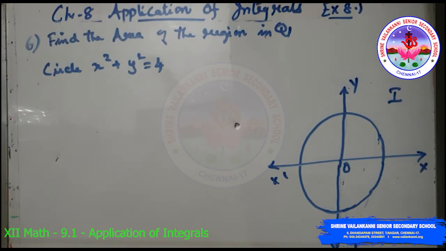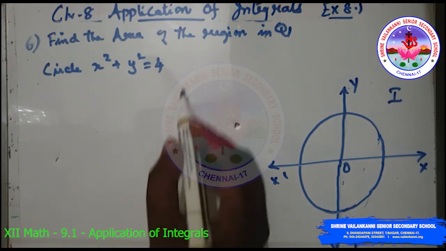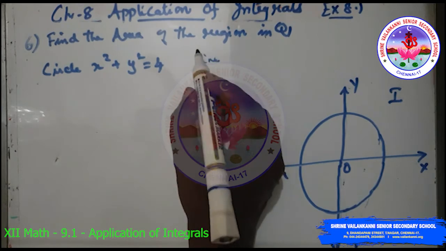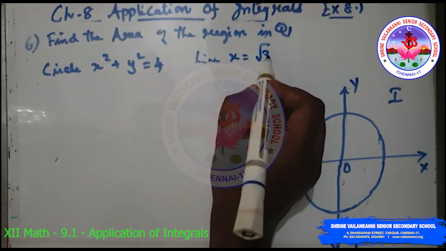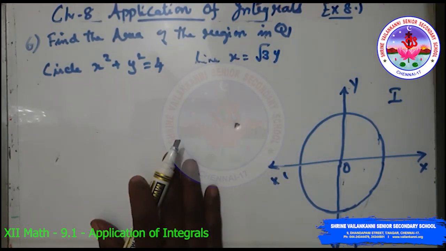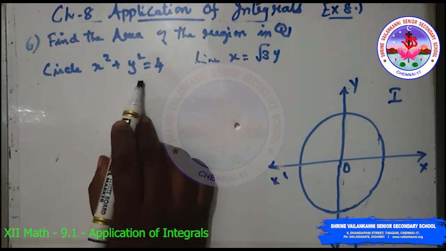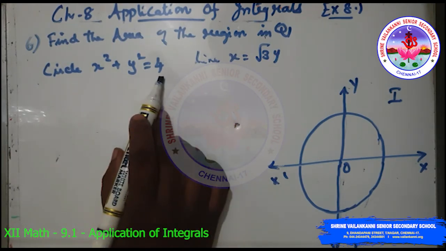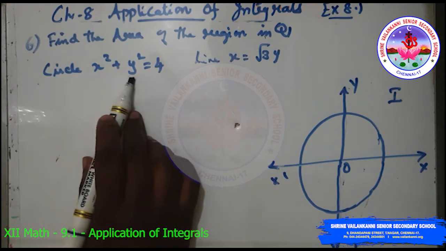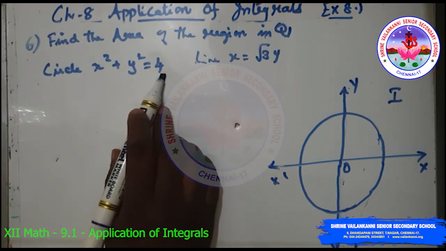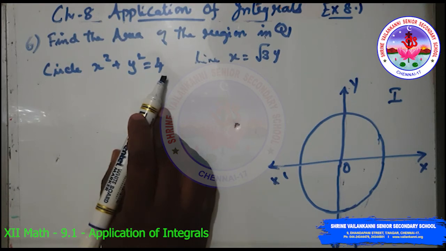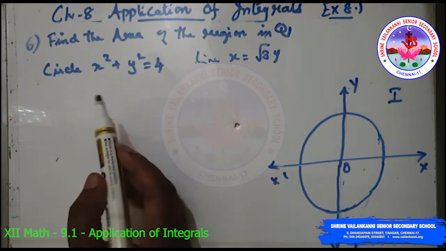Sixth one, find the area of the region in the first quadrant enclosed by x-axis, line x is equal to root 3y and the circle x square plus y square equal to 4. Here x square plus y square equal to 4 represents a circle whose center is at 0, 0.